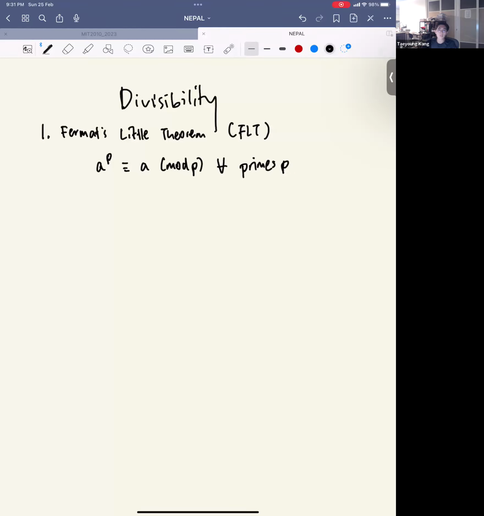You may be asking, when is this theorem useful? An instance where it is useful is when you have m to the power of n, where n is a big number, and we're considering a mod of a prime.